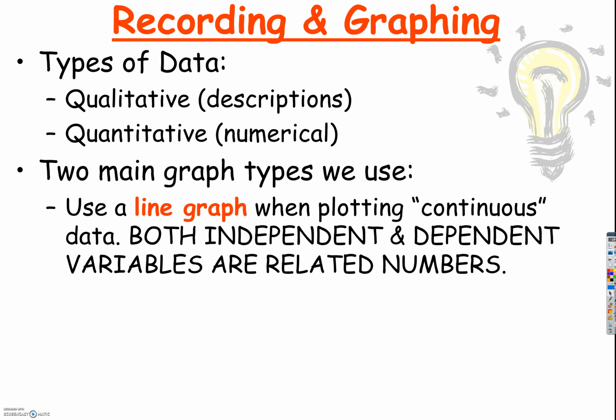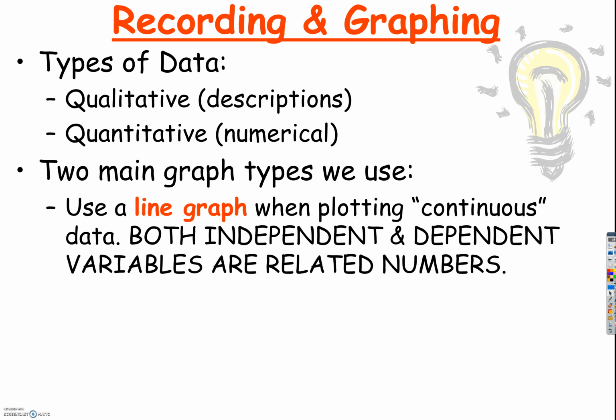So how do you know which one to do? Sometimes you get lucky and they just say, make a line graph, in which case perfect, they've told you what kind of graph they want. If they don't, though, your line graph is going to be for continuous data. Anytime both of your variables are numbers, this is where you're going to see a line graph.